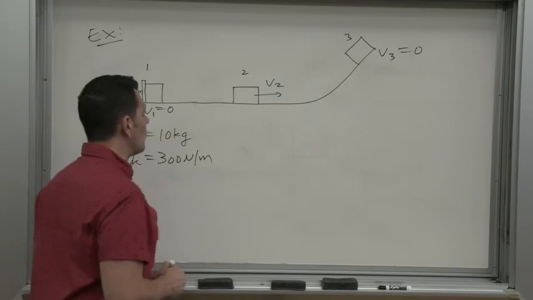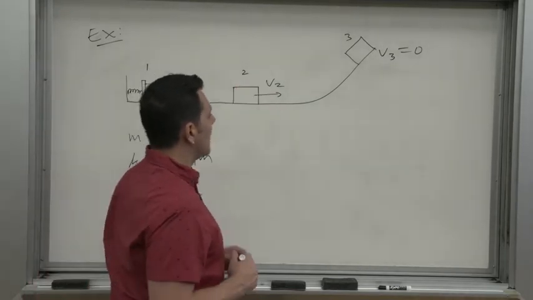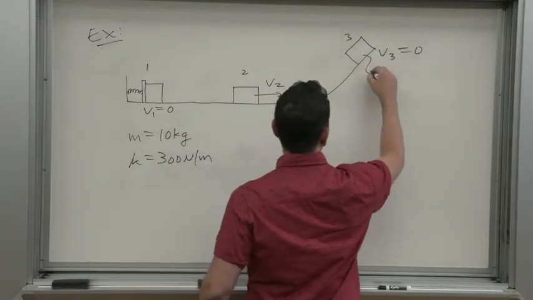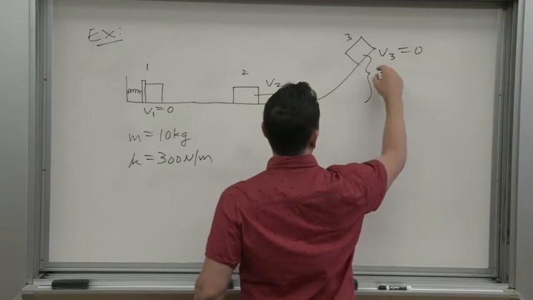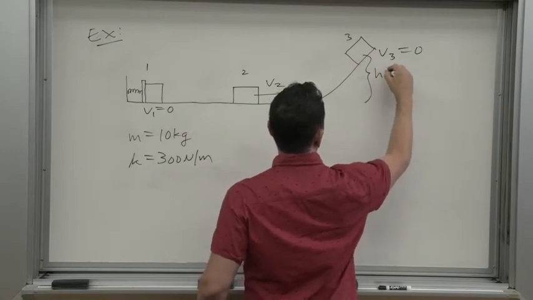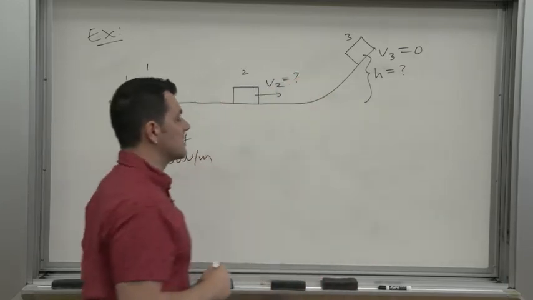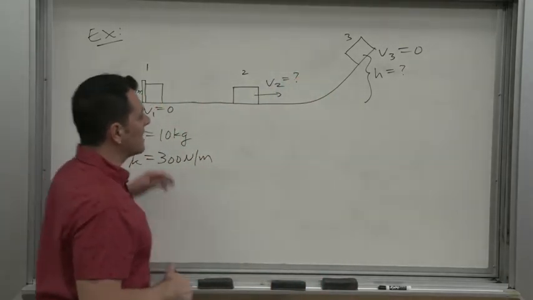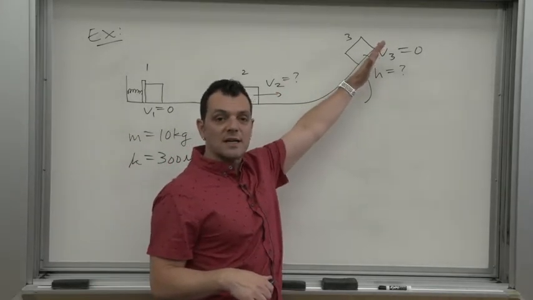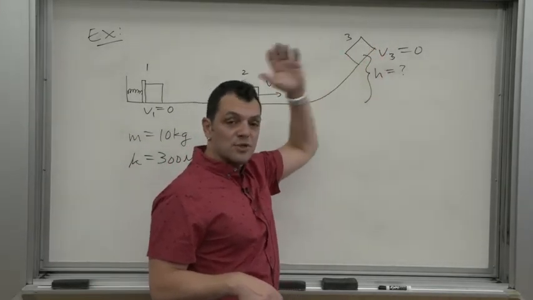I want to know what v2 is, and I want to know also what H is. I want to know how high this mass slides up this incline before it comes to rest.